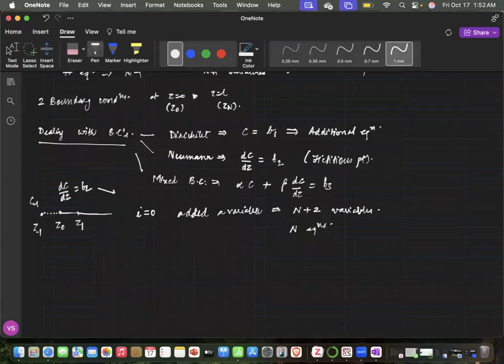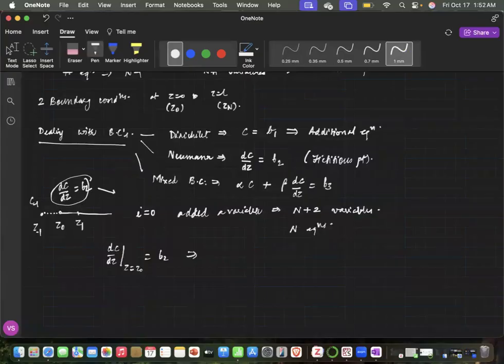Okay, so still we need two additional equations, and one equation we'll get from here, right? So one additional equation that we get from this is that dc/dz at z equals z0 is constant.